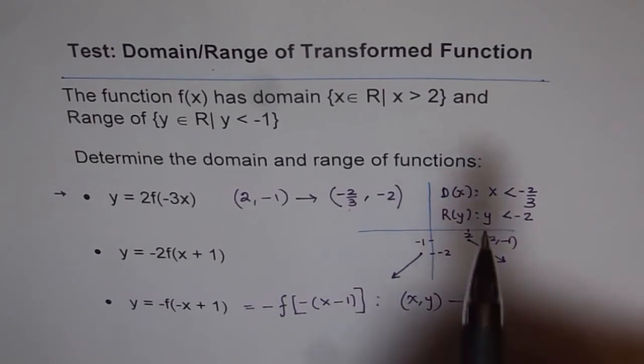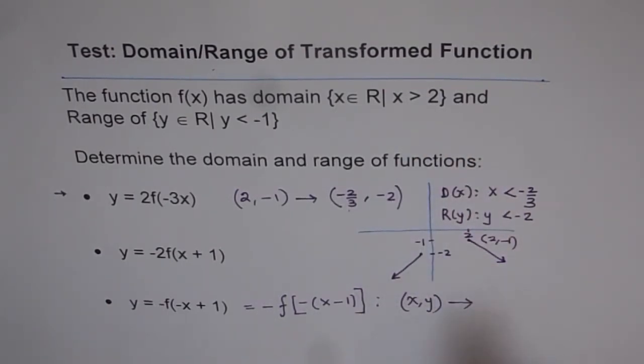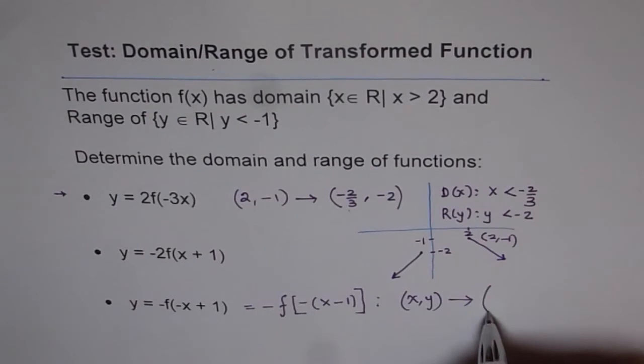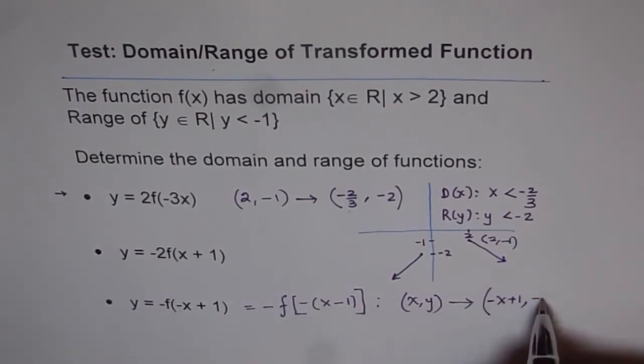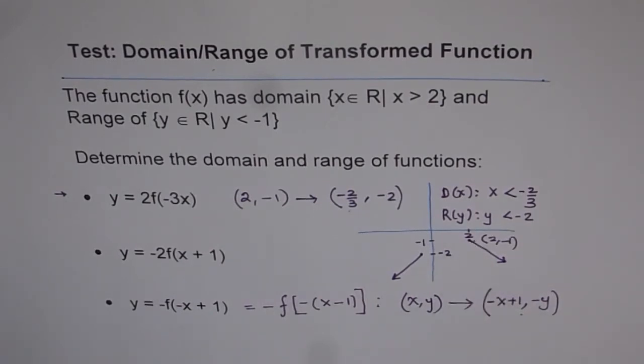This point we're referring to. Then the y values will be negated and the x values will be negated and plus 1, because we are moving 1 unit to the right. So the x values will become minus the original value plus 1, and the y value will be negative y. So that will give the transformation of the point.